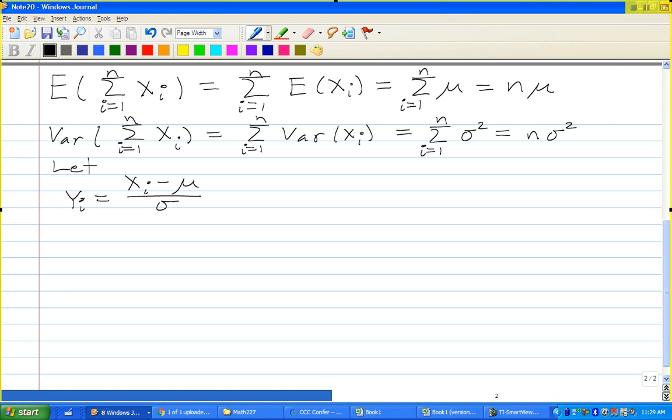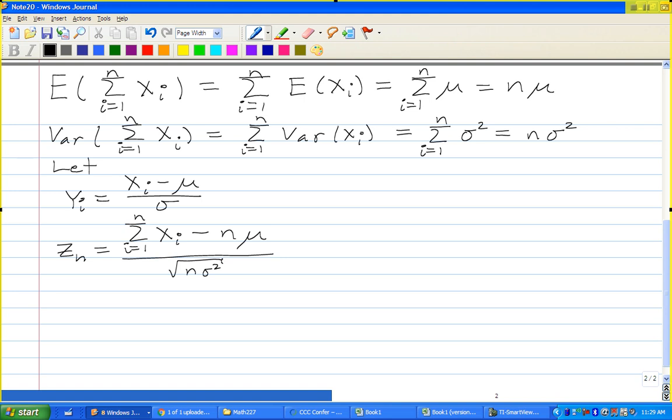And also let Zn equal the sum minus n mu over radical n sigma squared.